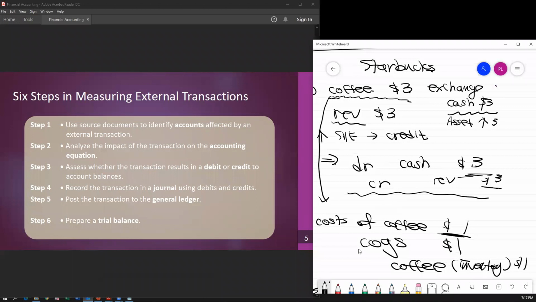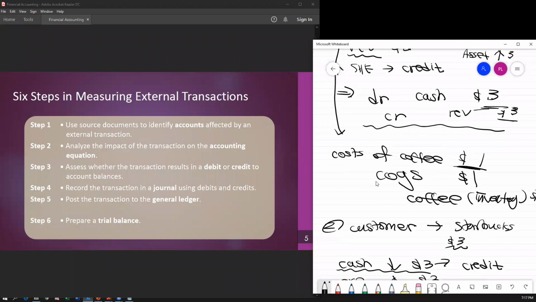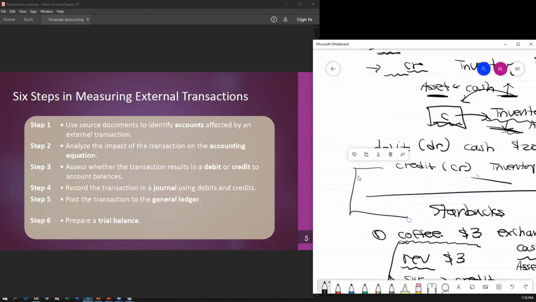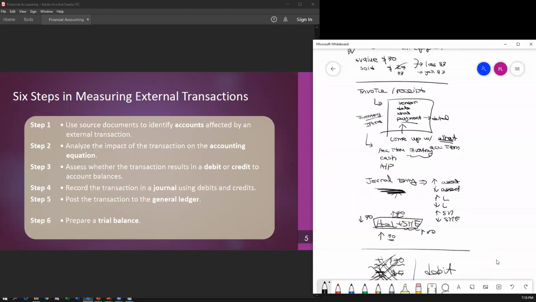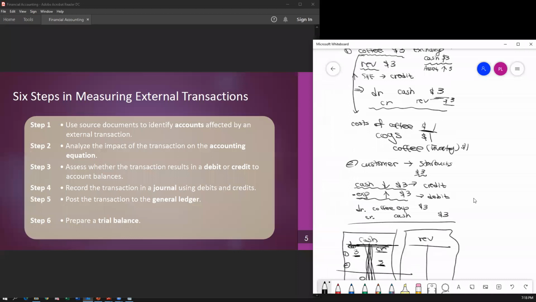Okay, no questions. So I've just covered a lot of things. First was the accounting equation, and we broke down shareholders' equity into retained earnings and common stock. We also broke down retained earnings into net income. So again, you have to know those variations with respect to the accounting items. Also, we talked about debits and credits. Let me just go up a little bit. Where's the table?